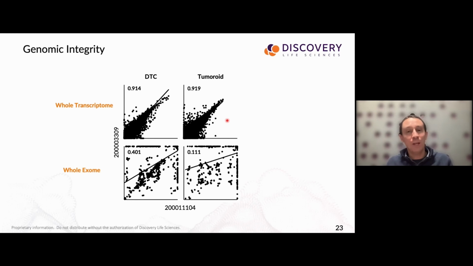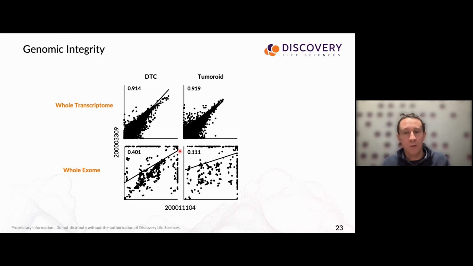A lot of the genes that are being expressed are general genes for cell health, but there are a lot of genes that are differentially regulated, and we are looking at those genes right now and could provide some key information as to which of these tumoroids would be valuable for specific assays and specific research questions. When we did look at the whole exome data, however, there was no correlation between either the DTC sample or the tumoroid that was generated from them.